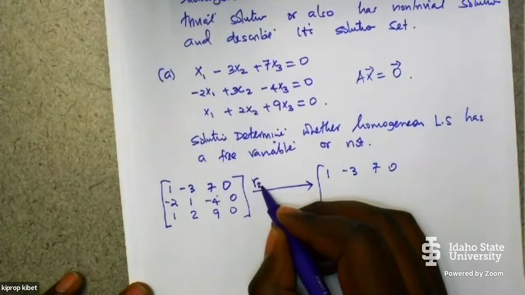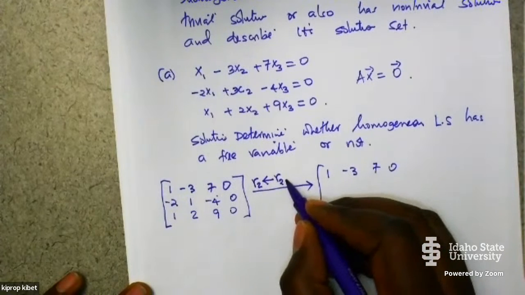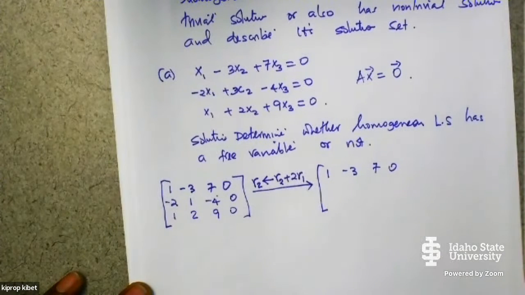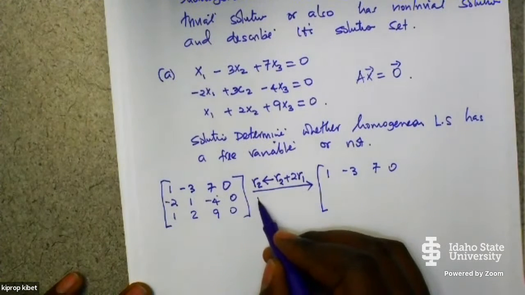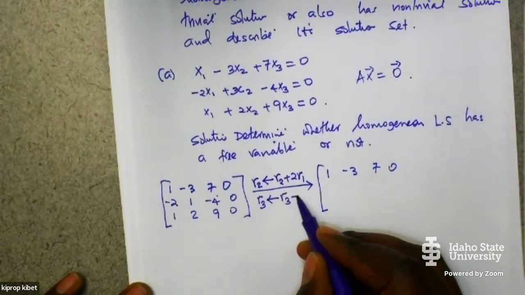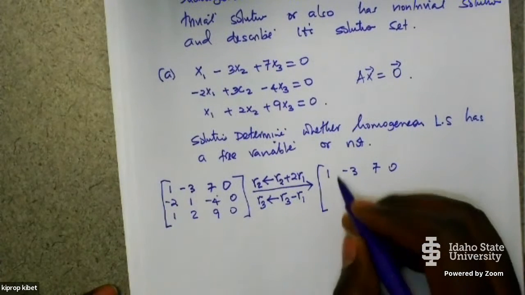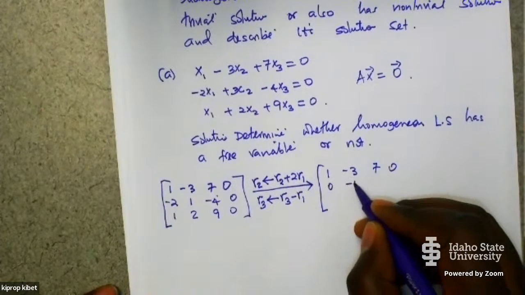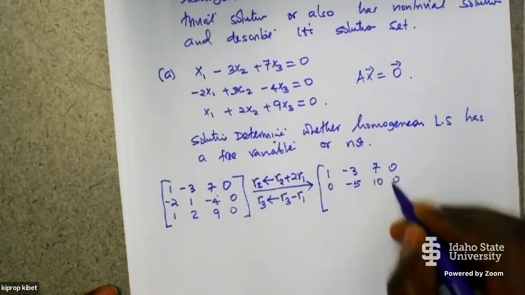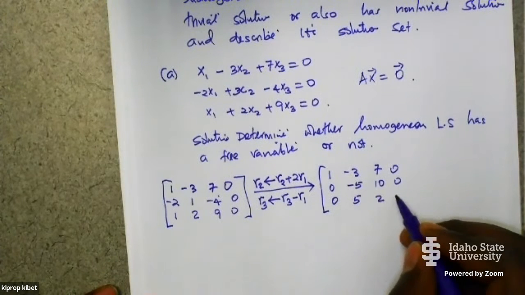The new R2 is R2 plus 2R1, and the new R3 is R3 minus R1. We get 0, -5, 10, 0 and 0, 5, 2, 0.